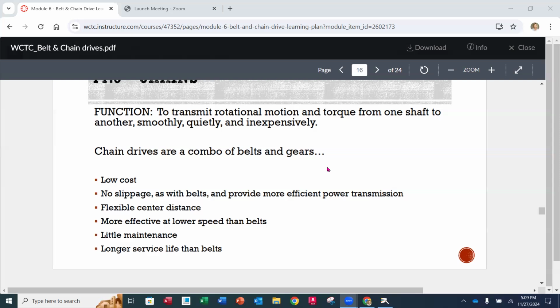They provide no slippage. So in the case of belts, as we said earlier, if there becomes an overload situation, a belt will start to slip just because of the nature of not having the teeth to catch it. And that is by design, and that is used to protect maybe more expensive or more intricate machine components downstream.